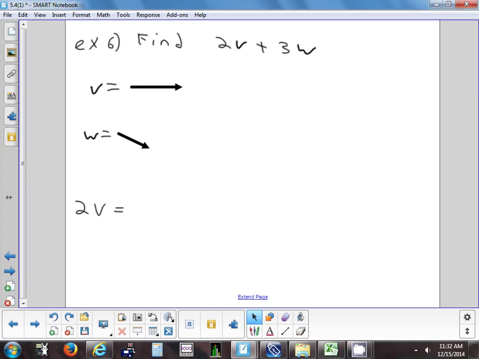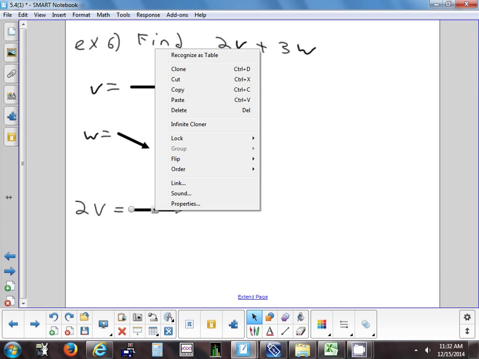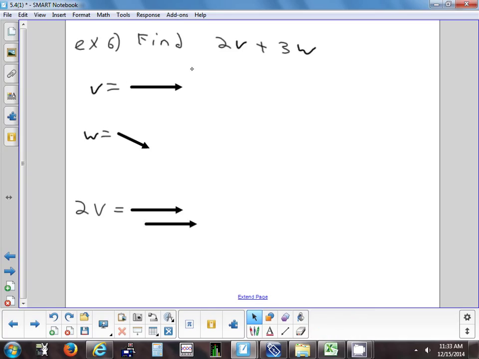Anyone help her out? How about Paige? Double it. Yeah, I double it. So how would I double it? Make a copy. Yeah, just take v, make a copy of it, and put two of them together. There's v. There's 2v. In fact, we don't even have to trace and make a vector, just leave it like that. So there's 2v.